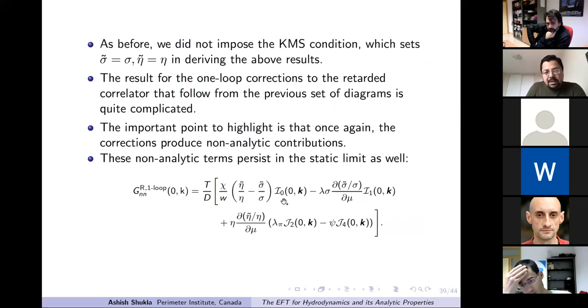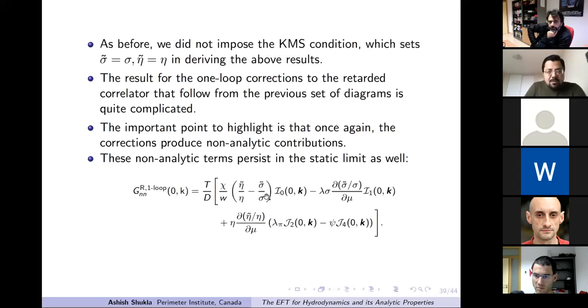Here these functions I0, I1, J2 and J4 are all non-analytic functions of k in the limit where frequency has been set to 0, the static limit. And you can see that there are certain coefficients that sit in front of these non-analytic terms.